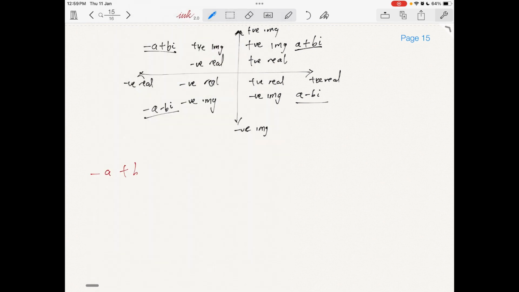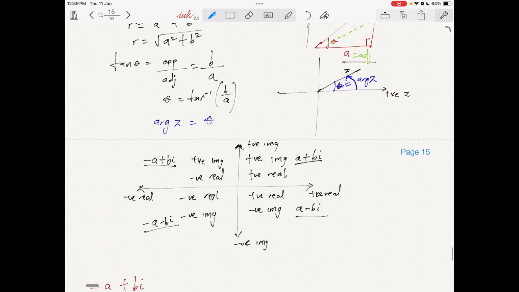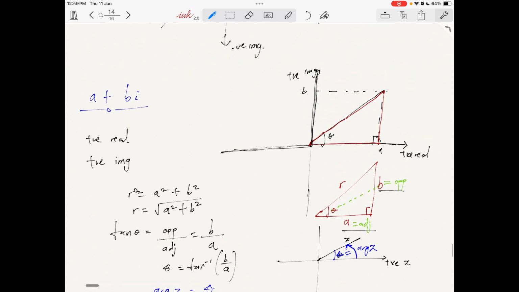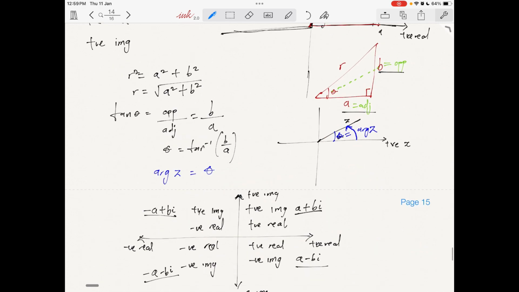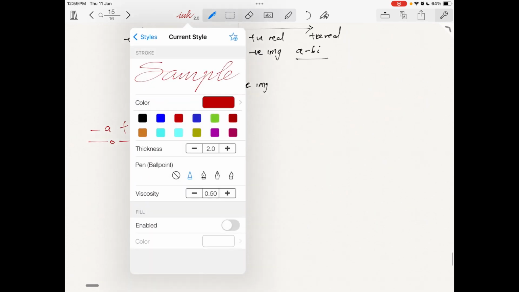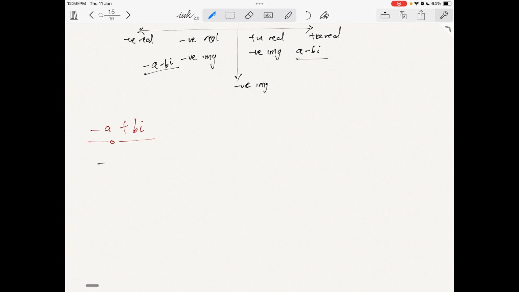Minus a plus bi. The first thing we did here was to draw the Argand diagram. Now let's draw the Argand diagram here. Remember that minus a has negative real and it has positive imaginary. So this is positive real, negative real, and this is positive imaginary, and this is negative imaginary.